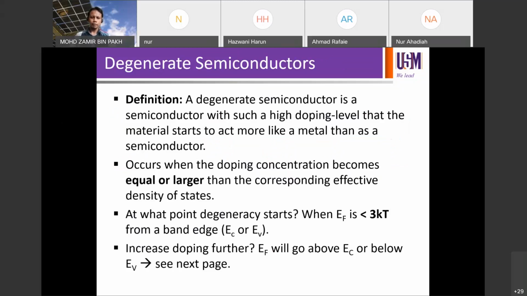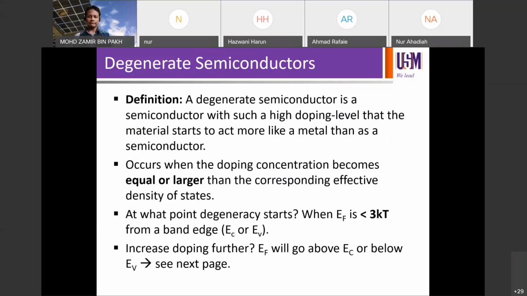You can also check the point when it turns into a degenerate semiconductor: when EF, the Fermi level, is less than 3 kT from the band edge. So, a question for you.